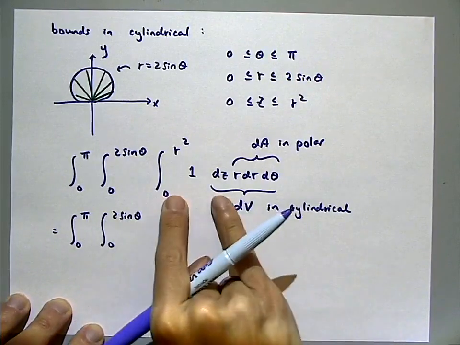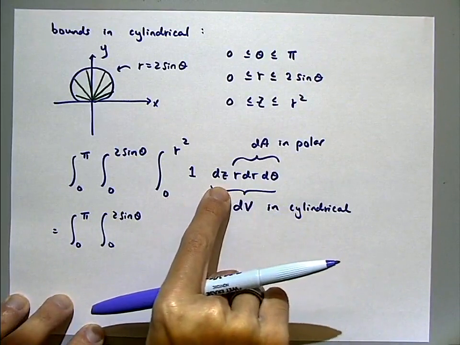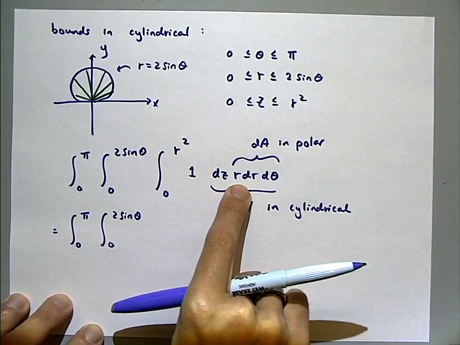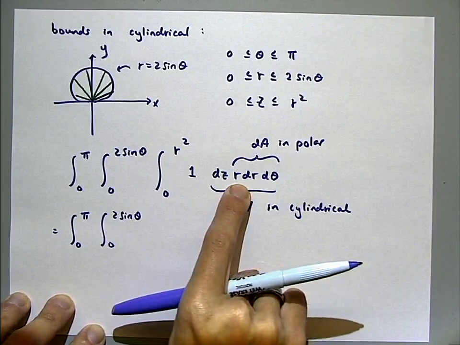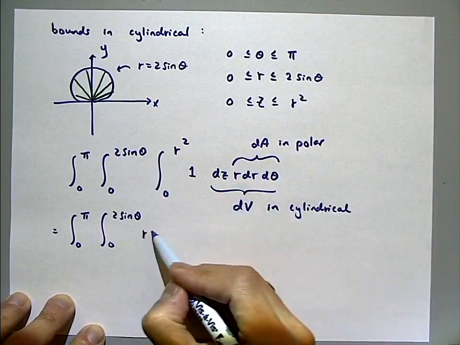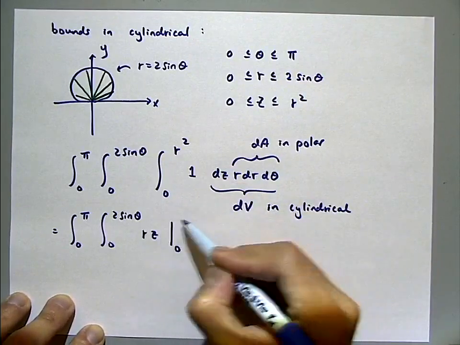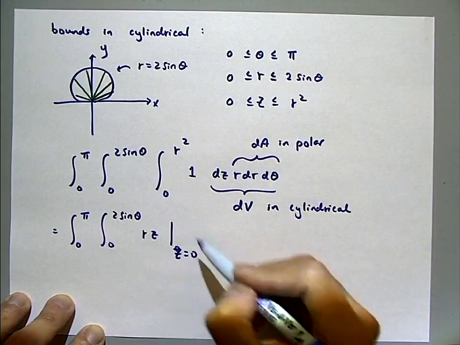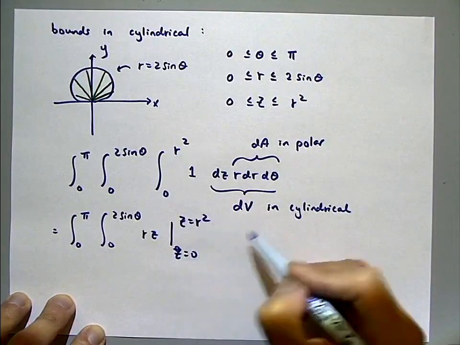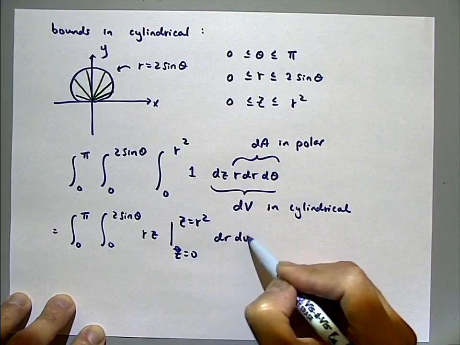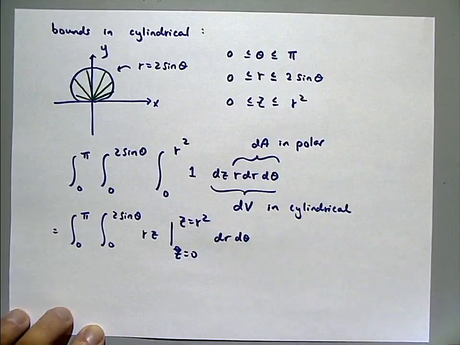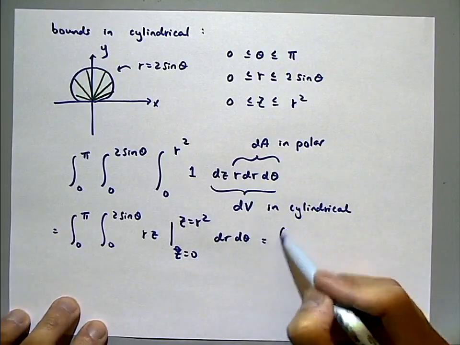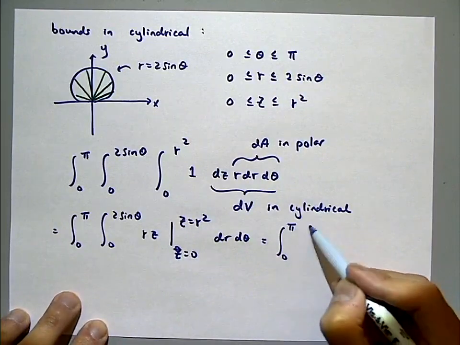All right, first round of integration is with respect to z. We have an r. When you integrate, r is a constant right now, you gain a z. So rz is the first round, z equals 0 to z equals r squared, and dr d theta after that. Rest of this is pretty straightforward.